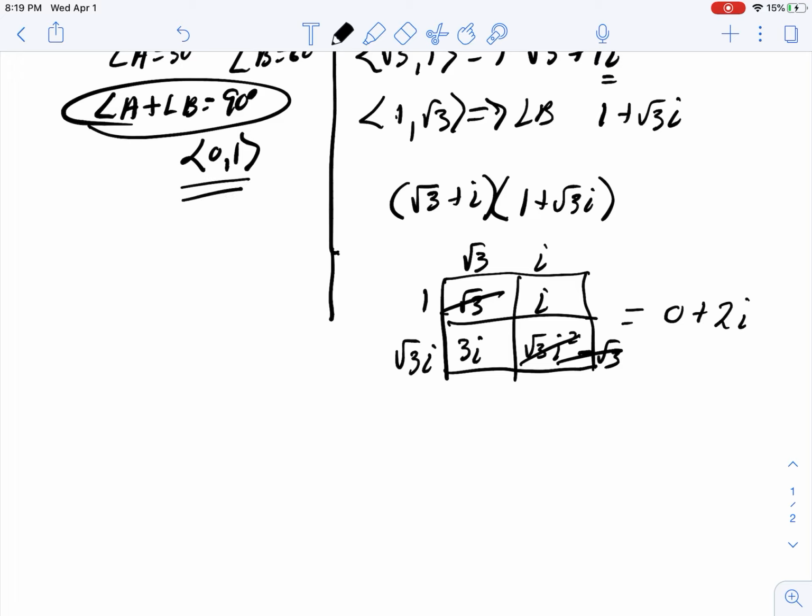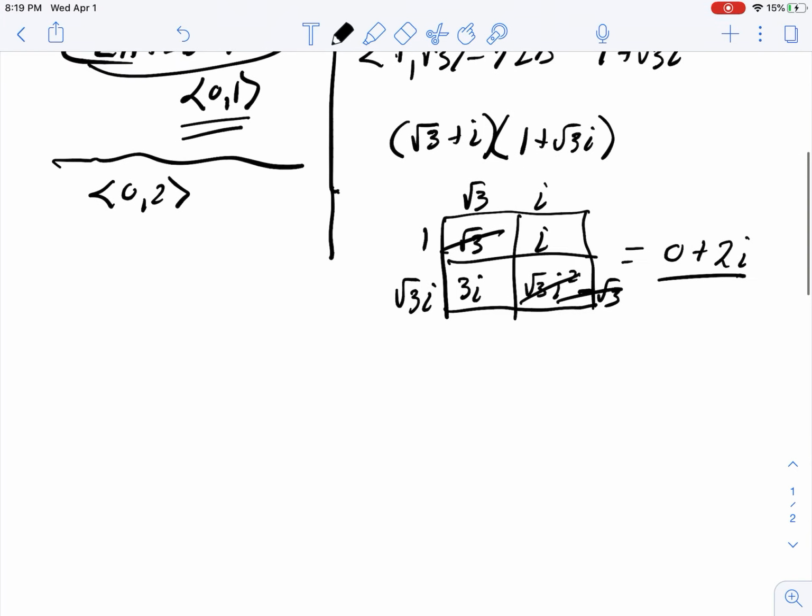Now, that's not 0, 1, but what you have to do is convert it to a unit vector. This is 0 comma 2, so you divide by the distance, 2, and you now have 0, 1, which is what we had up there.